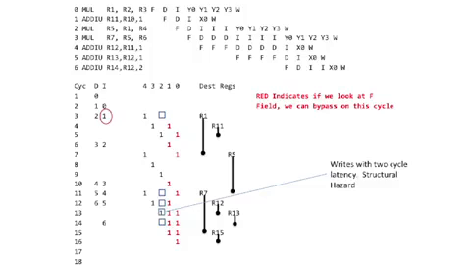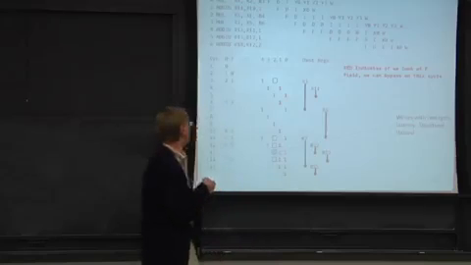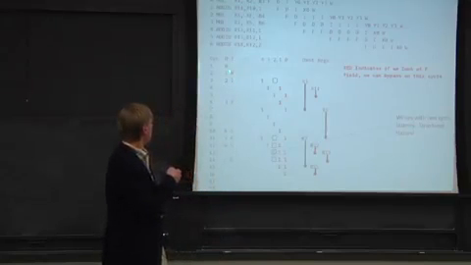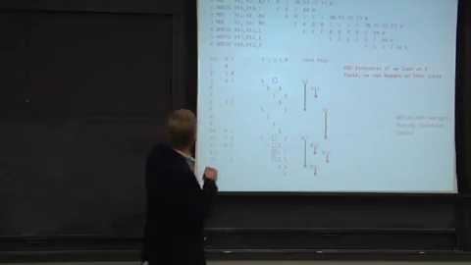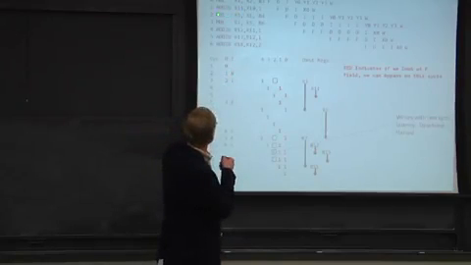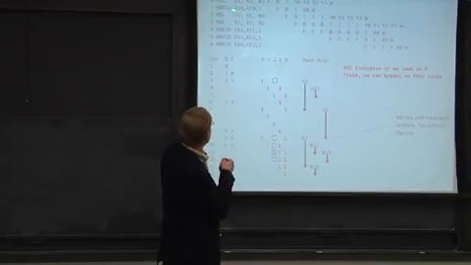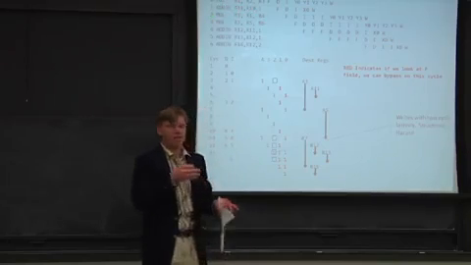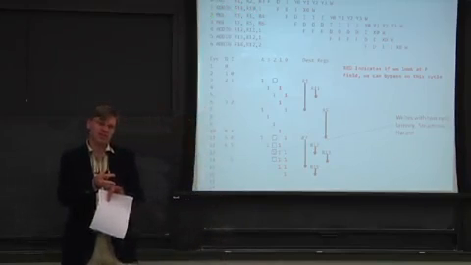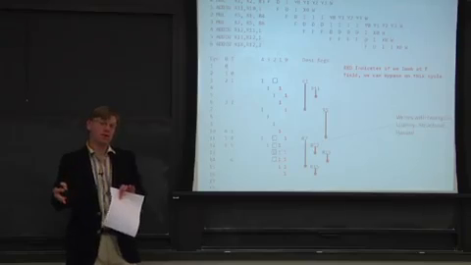So it's in the issue stage of the pipe, looking for its operands, basically. And what's going to happen is this add needs to check to make sure that it's not going to conflict on the write port of the previous mul.